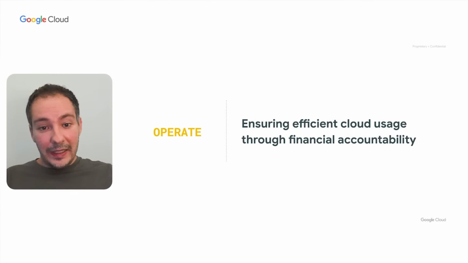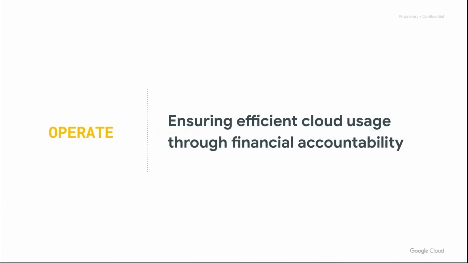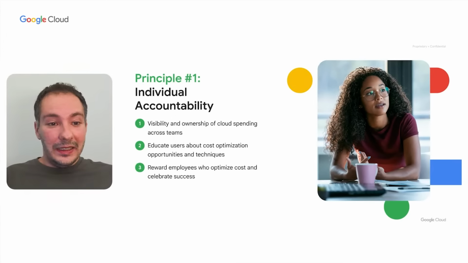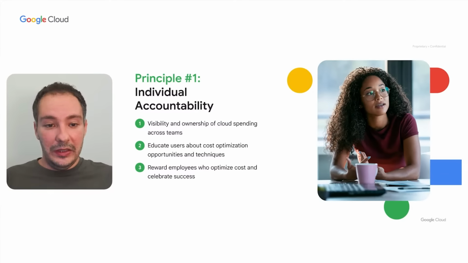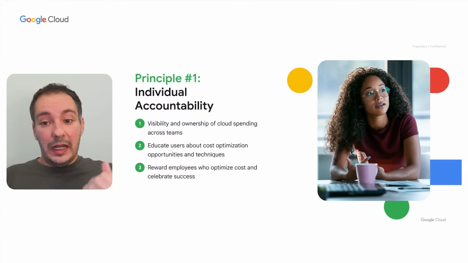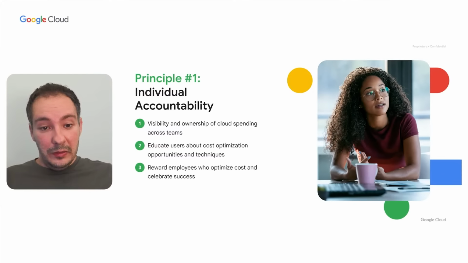And guys, the last part of FinOps, but not less important, is Operate. How to ensure efficient cloud usage through financial accountability. The first principle here is, for example, to make a strategy that takes individual accountability into consideration. For example, the cloud spend needs to be visible.